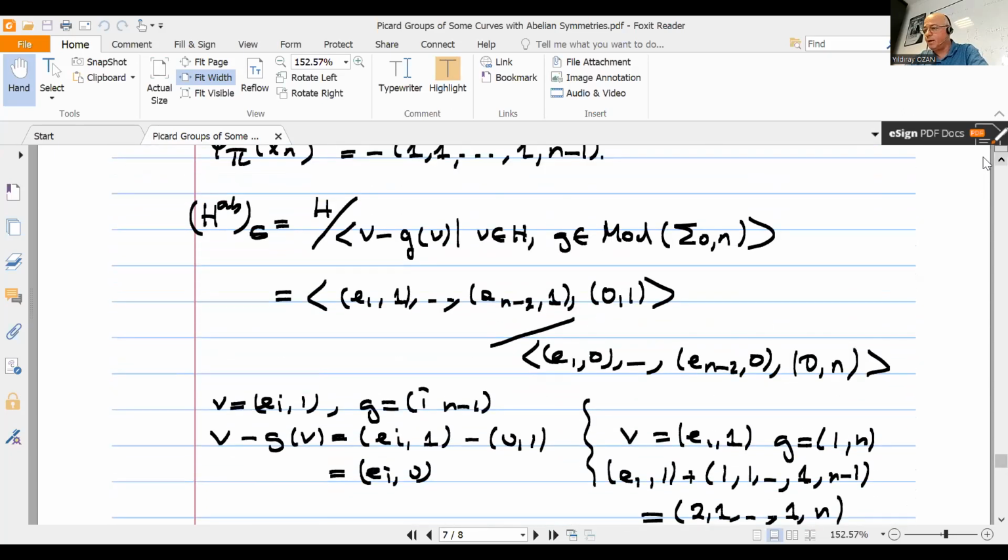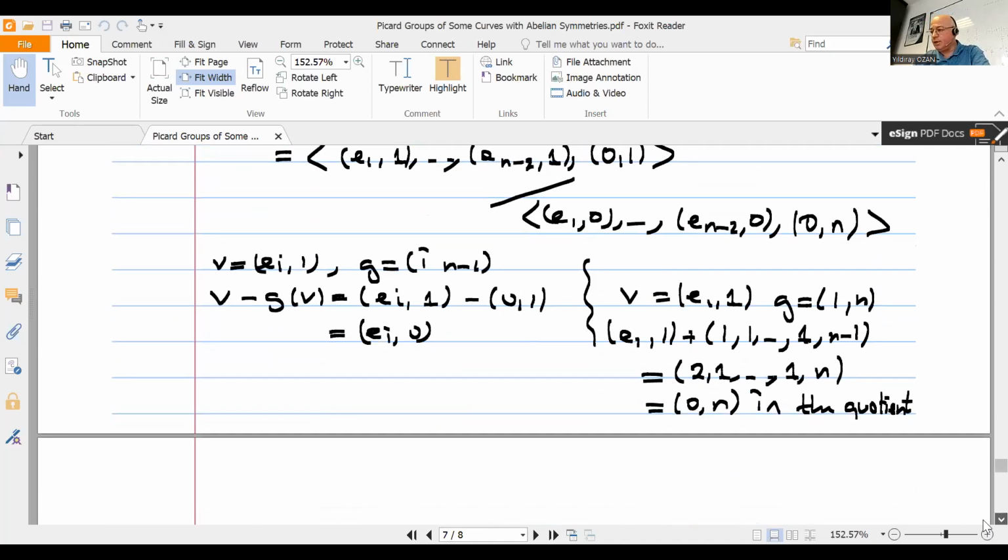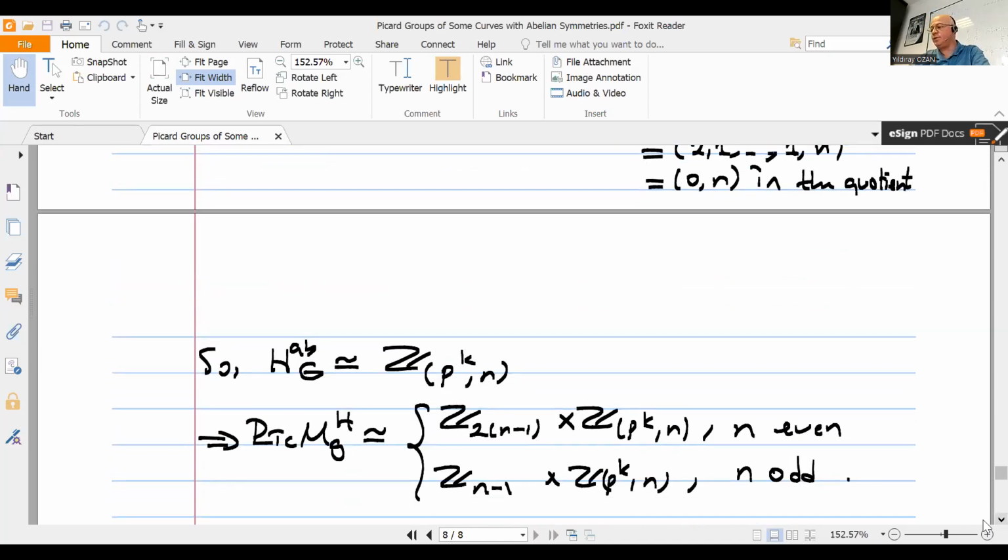H divided by that subgroup is again a cyclic group.